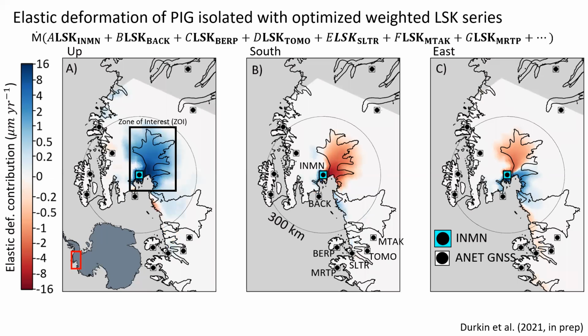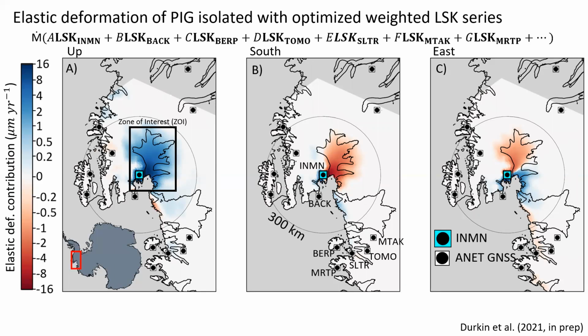After we did that, it's shown in these maps. If the sum of these weighted series were to increase or decrease, that would be related to how much Pine Island Glacier's mass loss has increased or decreased, and not much else.